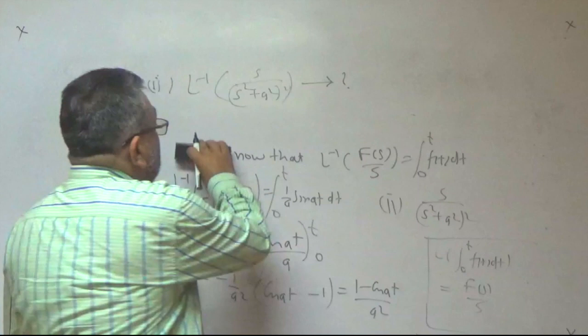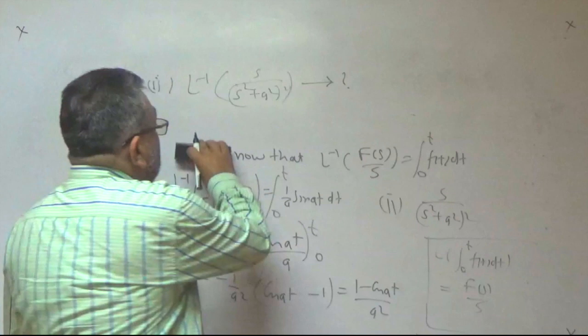Right? Take this one as capital F of s, and this one as capital G of s. So this is the left hand side of the convolution theorem. We have to find the inverse Laplace transform of capital F of s into capital G of s. So here F of s we take s upon s square plus a square, and G of s we take 1 upon s square plus a square.